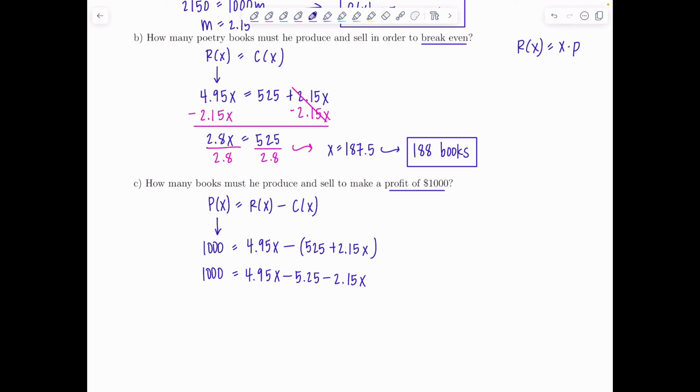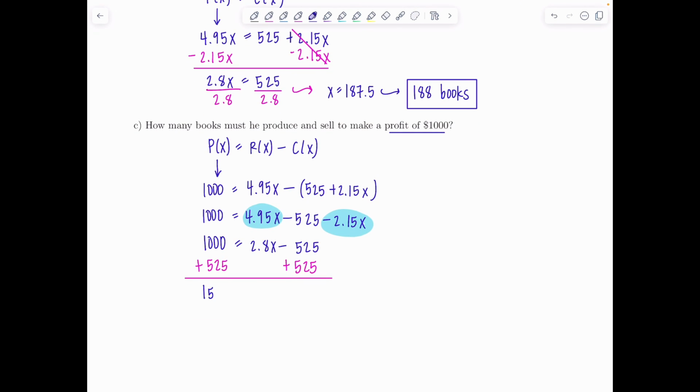Good? Oh, why did I put 5.25? It's 525. Oh me, oh my. Do forgive me. Okay, let's combine like terms. So I have 1,000 equals 4.95X minus 2.15X, that's 2.8X, minus 525. Let me add 525. And this is going to be 1,525 equals 2.8X.